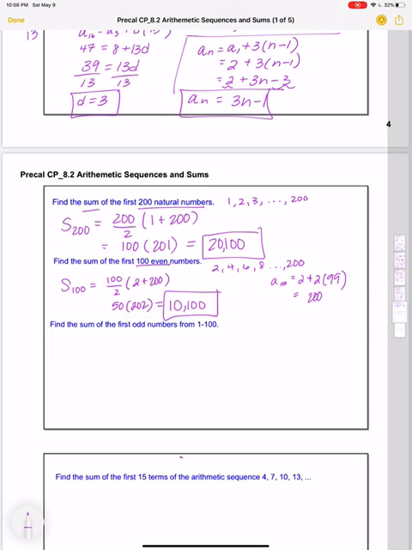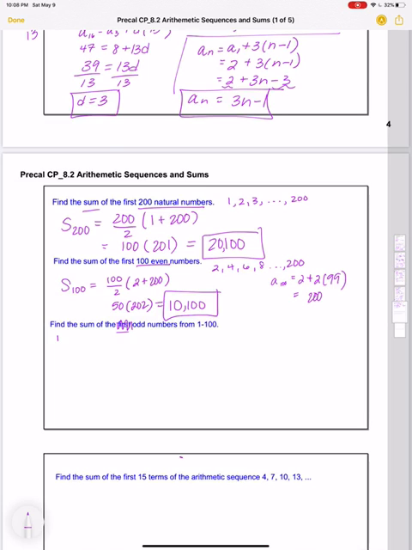All right. Find the sum of the first odd numbers. What first odd numbers? How many? All of them? Let's just do this: find the sum of the odd numbers, 1 through 100.